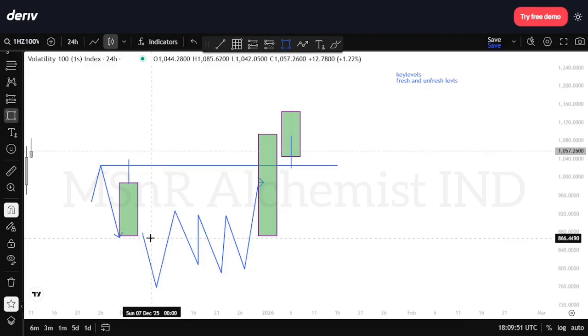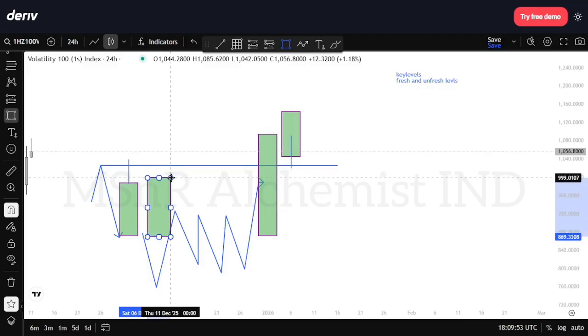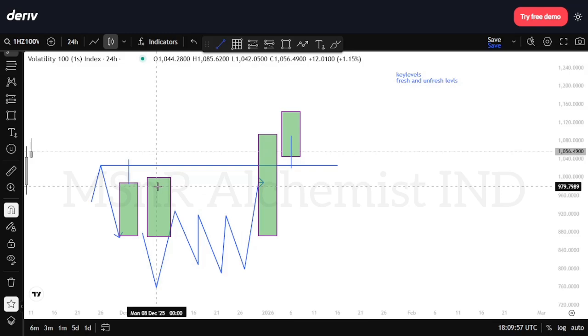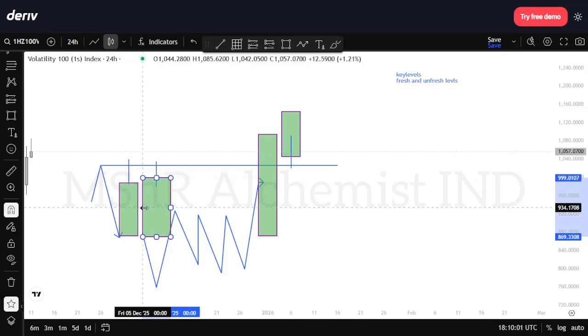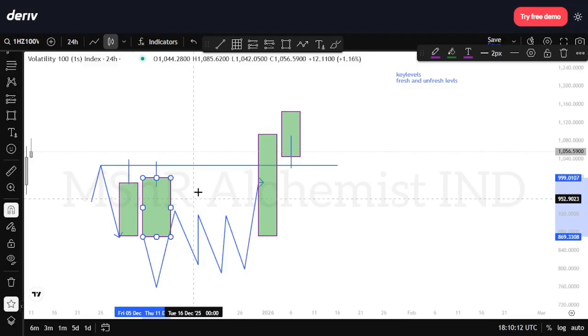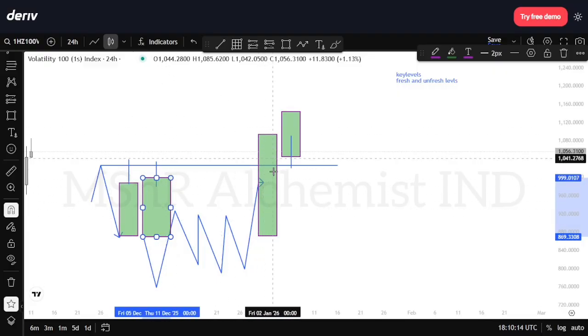And after that, further touches will not be considered as a use. The first touch is the use, and the rest are not countable. We don't count until a candle breaks it and makes it fresh again.